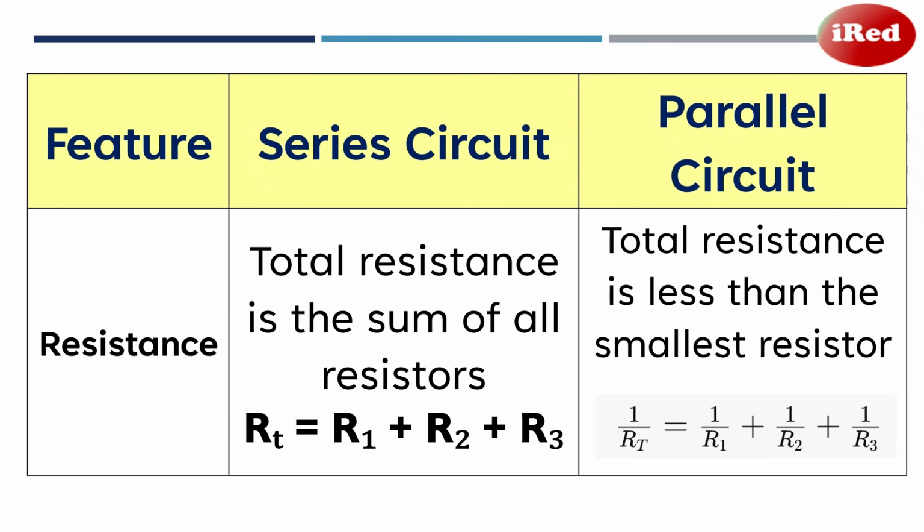How about in terms of resistance? In a series circuit, the total resistance is the sum of all the resistors, while in a parallel circuit, the total resistance is always less than the smallest individual resistance because adding more branches provides more paths for current.